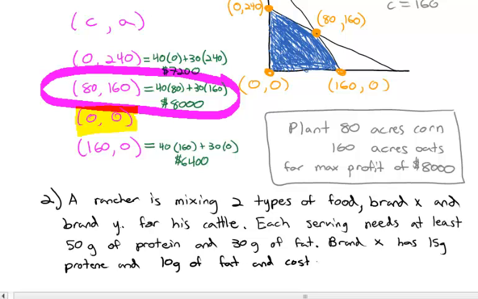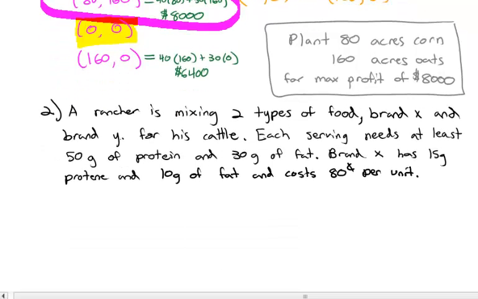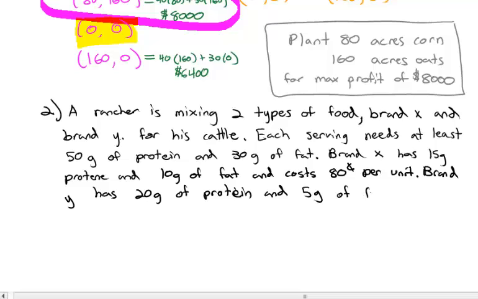And cost 80 cents per unit. Brand Y has 20 grams of protein and 5 grams of fat, and it costs 50 cents per unit.